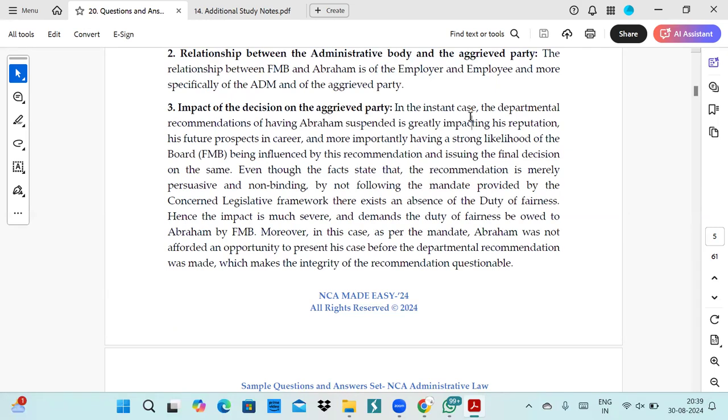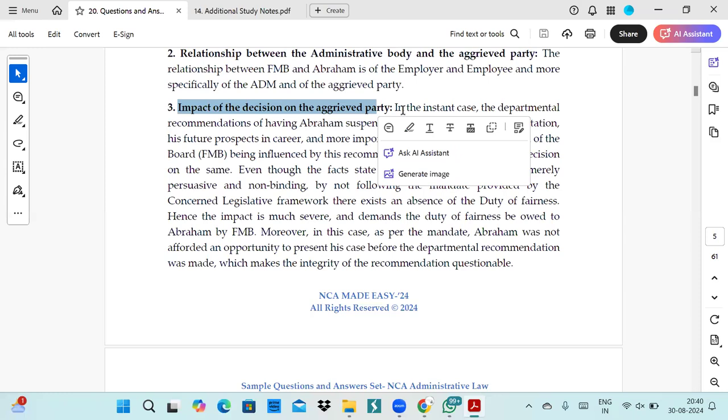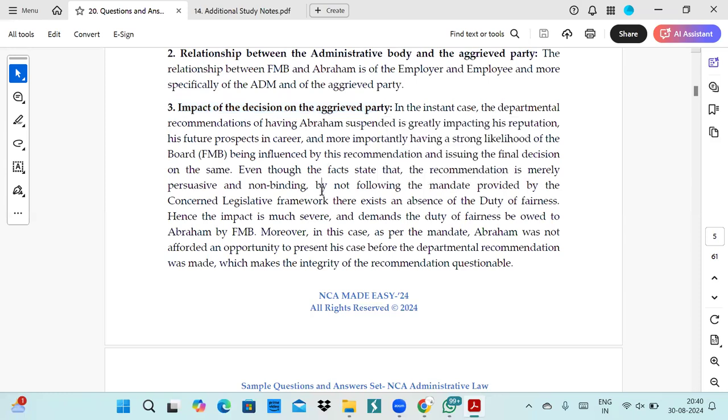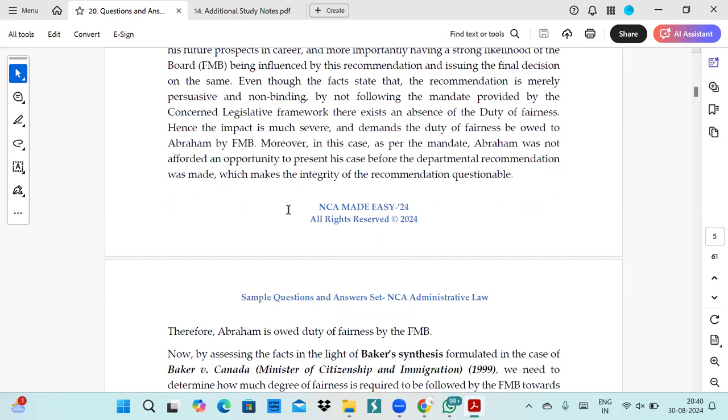So that way we have to write the answer. How much ever you can write, it's not required to write a big paragraph because we have a lot to cover also, but at least give the point that here the impact on the aggrieved party is of grave importance. That should be the objective of this whole paragraph.